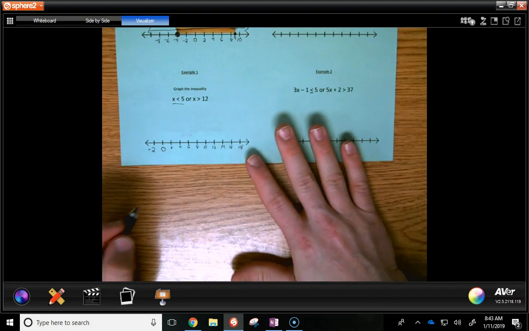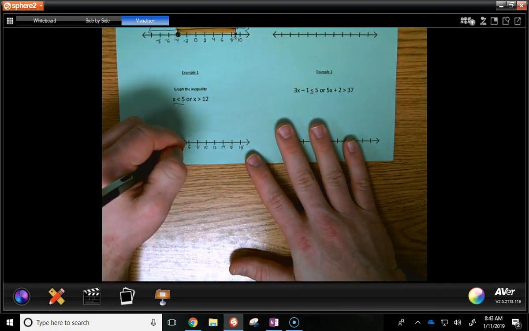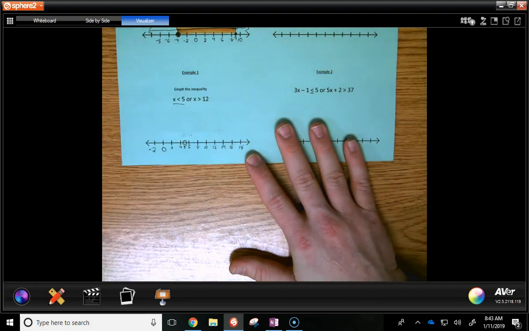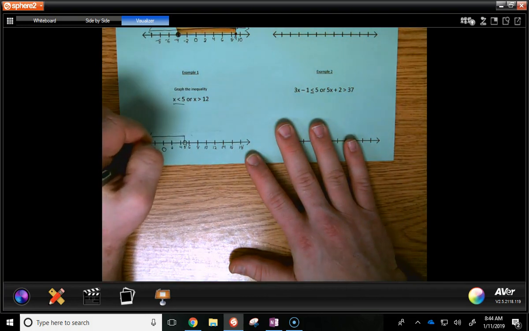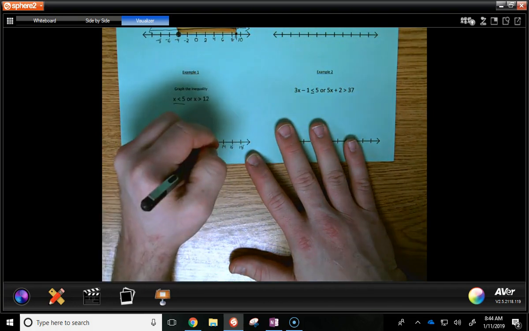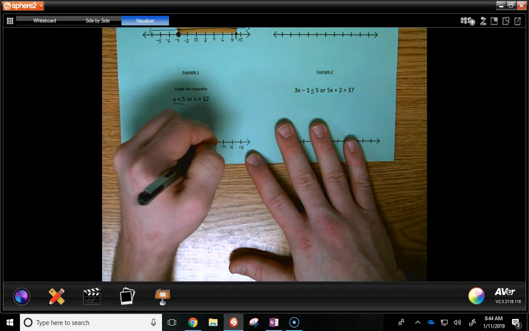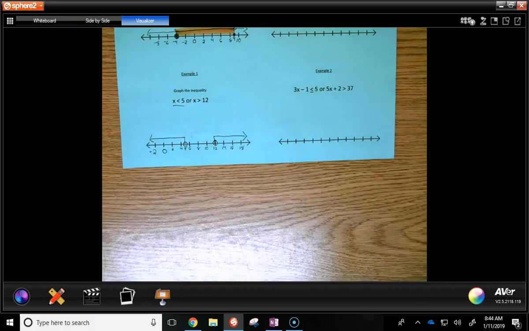X has to be less than 5, so open dot at 5 and it goes this way. X is greater than 12, open dot, and then we have it.